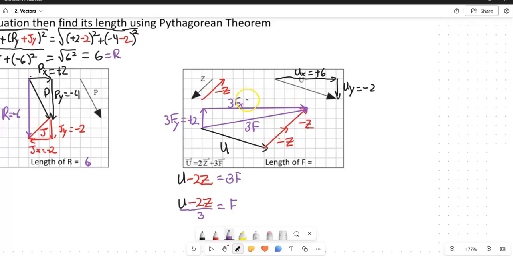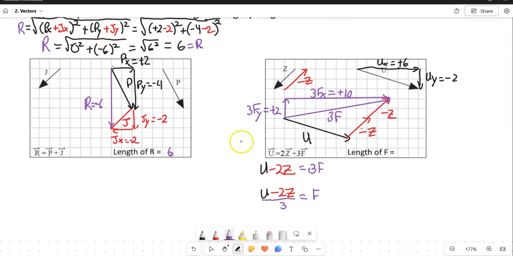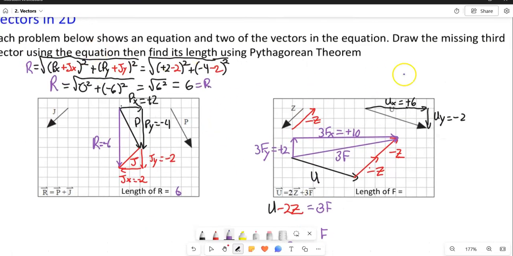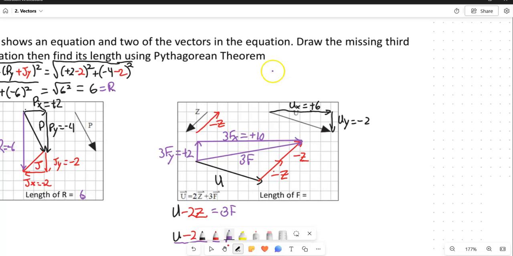It's pointing to the right 10. So one way to do it is to do all this business right here. Another way to do it, which I think is a smarter way, is just calculate this.